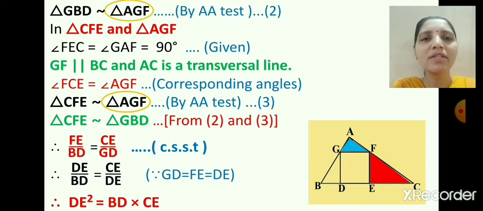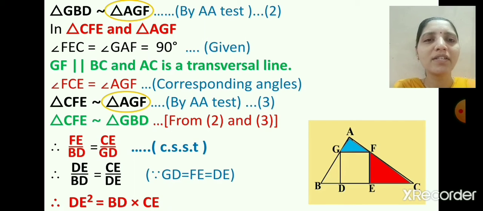Now, we know that all the sides of a square are equal. Therefore, we can write here instead of FE we can write DE, and instead of GD we can write DE. Therefore, DE upon BD is equal to CE upon DE.